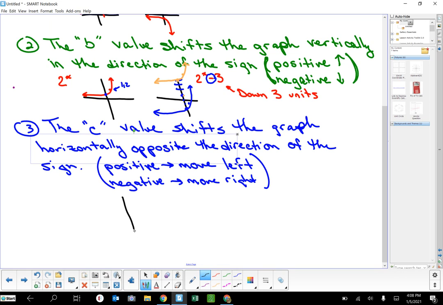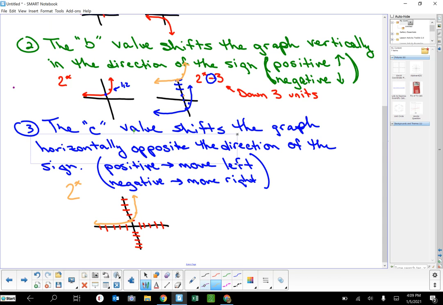And here's what this means. It might even be easier to see this on the same coordinate plane. Okay, so if I do 2 to the x, which we know sits here and here, that would be the parent function.